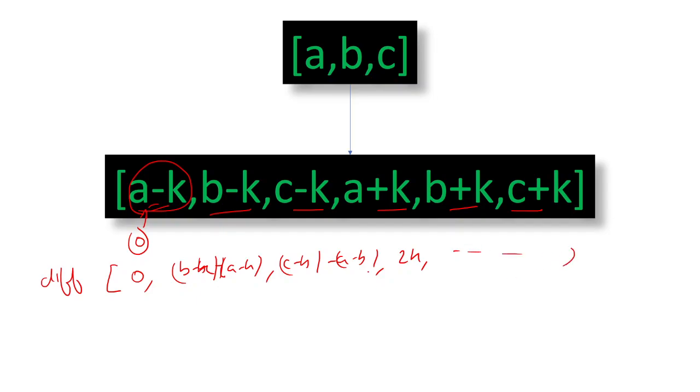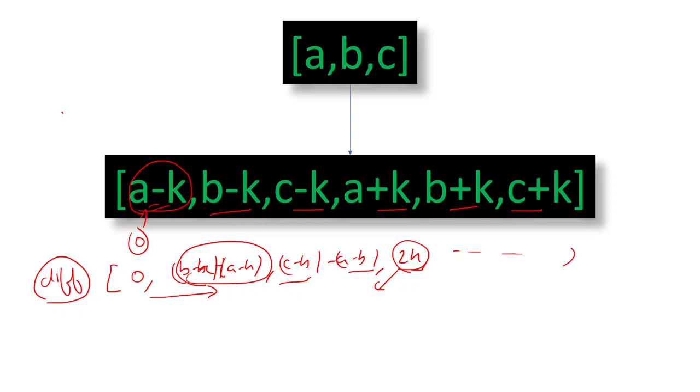Once we get the difference array, for each of these differences we'll try to create the array. If for any of the differences we are able to create that array, then we will return that array as it is.